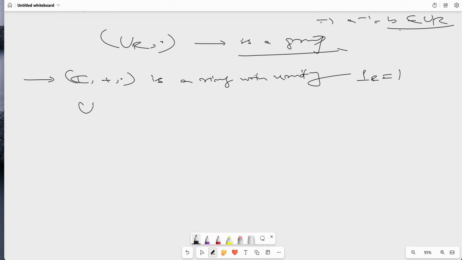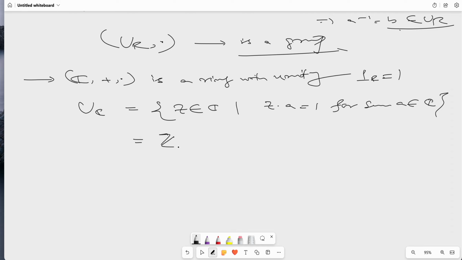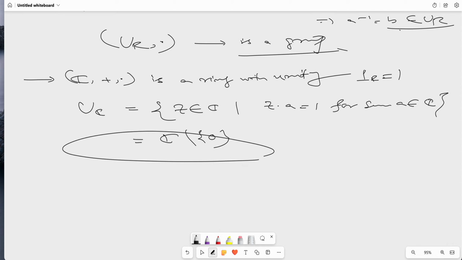So what are the units in C? These are all those complex numbers z inside C such that z · a equals 1 for some a inside C. This is actually C minus 0. Every non-zero element is a unit, right?